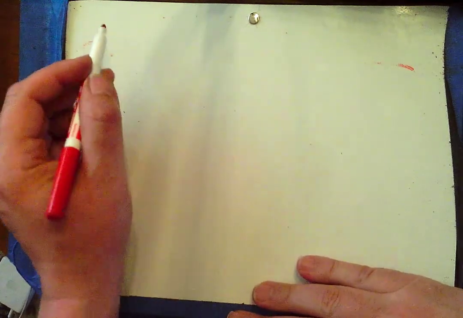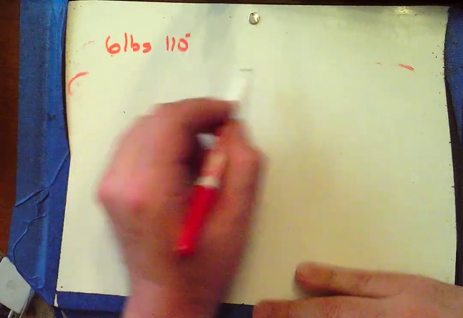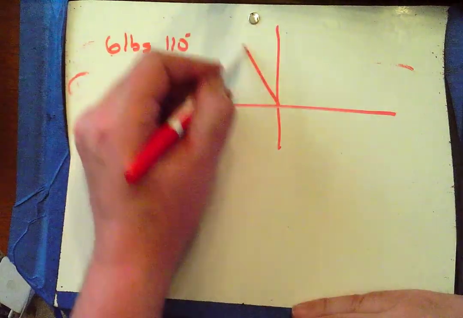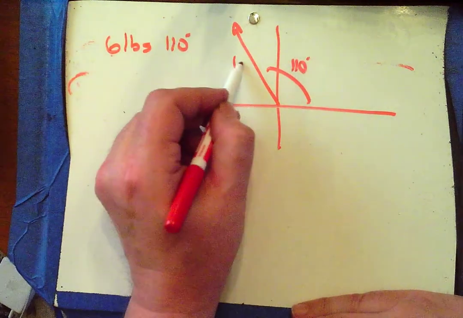I see there's just a couple more problems before we start word problems. So let's get comfortable with this. 6 pounds at 110 degrees. So here's 110 degrees. And we've got 6 pounds.